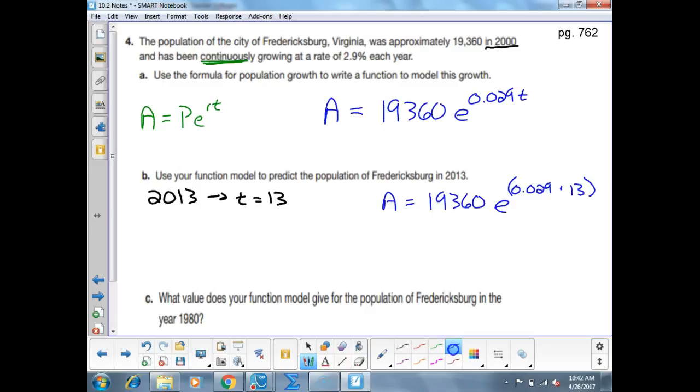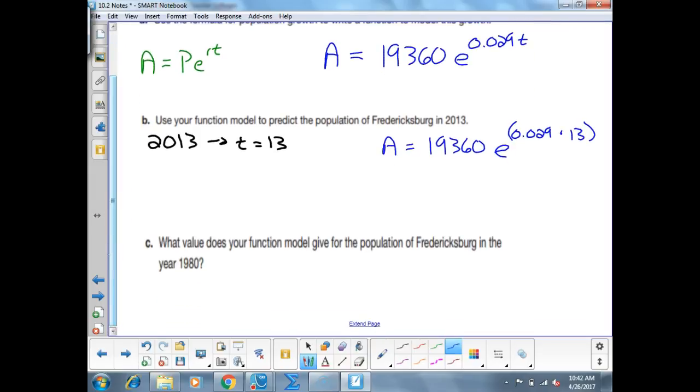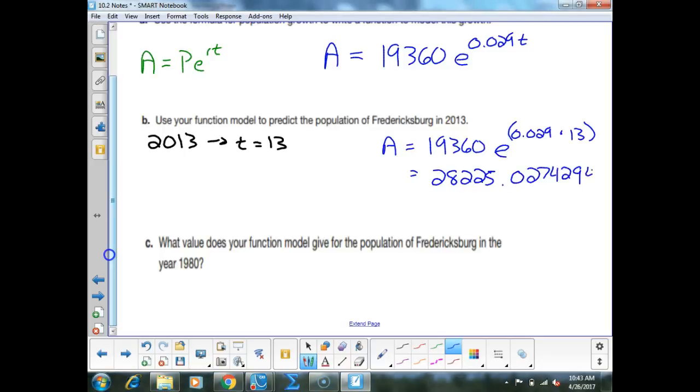When I type that into a calculator, I get 28,225.027429426 people. You want us to do decimals then? You can't have decimals. Claire says we can't have decimals for people. So what would an answer be here?